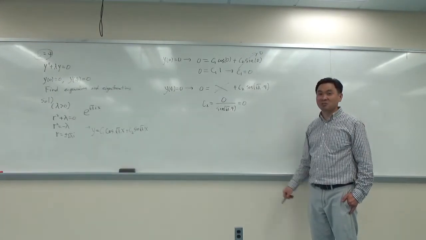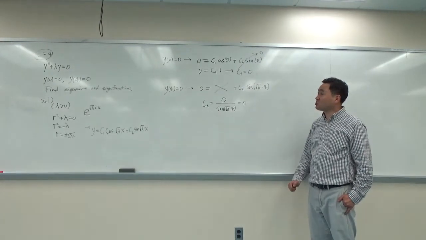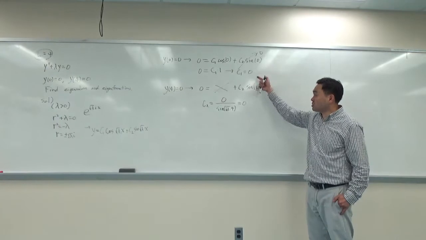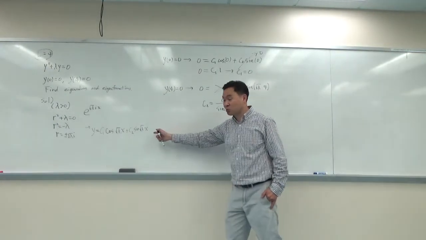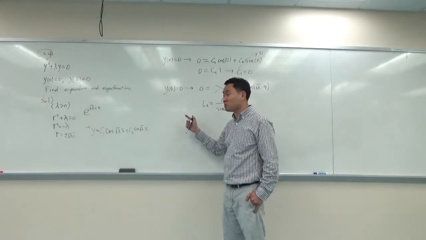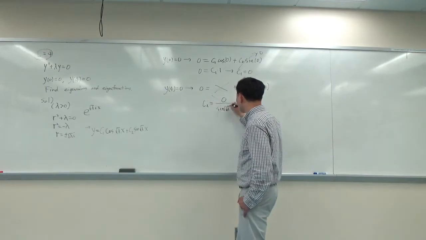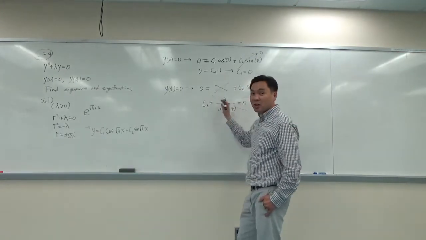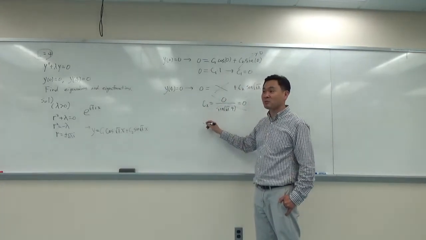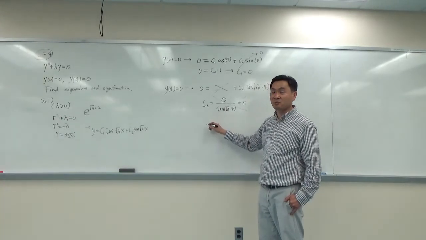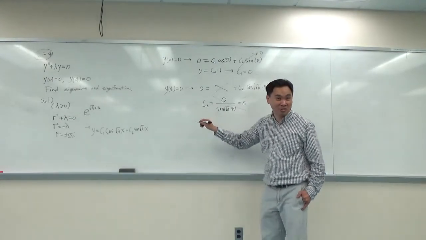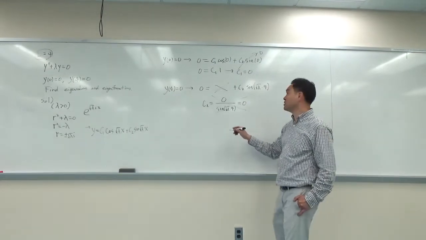Why do we not want this? Because it will be a trivial solution, right? If C1 is 0 and C2 is again 0, look at what the solution is. It'd be 0. So this is exactly not what we want. So if I don't want this to happen, then what else should happen? Should we make lambda less than 0?